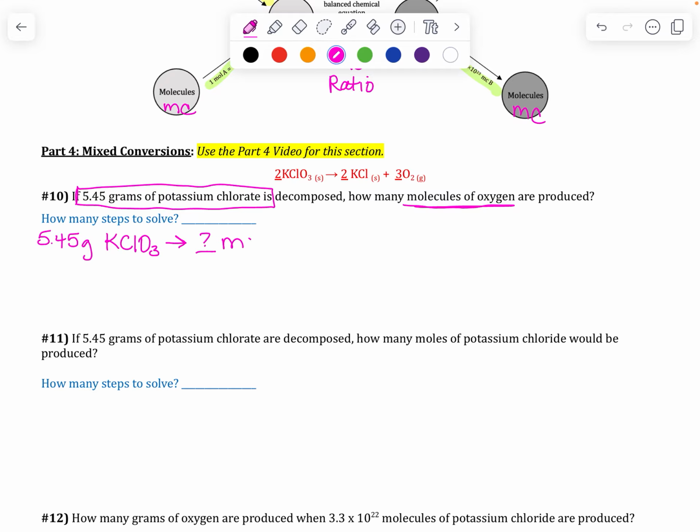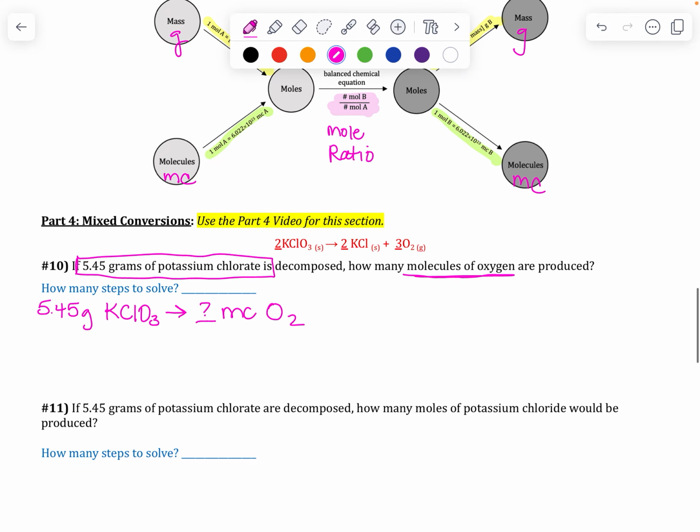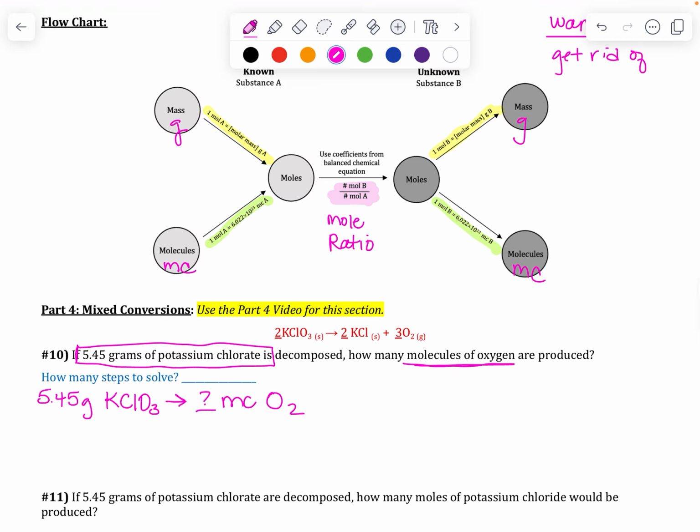So we're looking for molecules of oxygen. As we look at our chart up above, that means that we are starting at grams. So starting with that mass, substance A is our potassium chlorate, and ending with oxygen. And this one is ending with those molecules of oxygen.